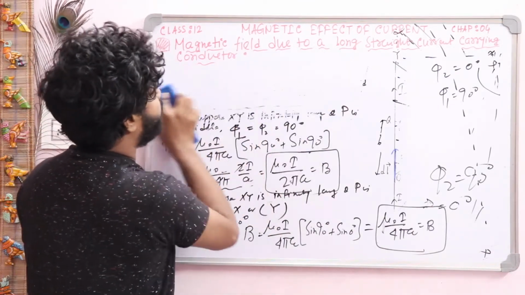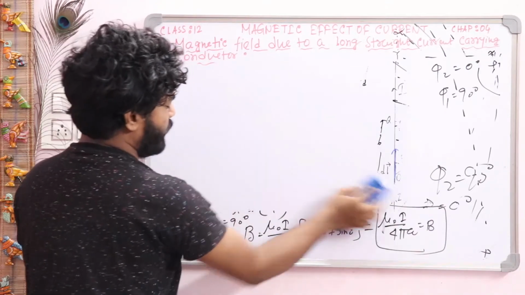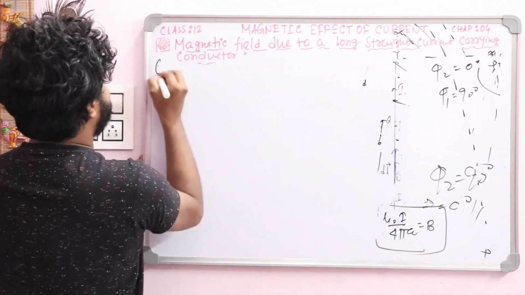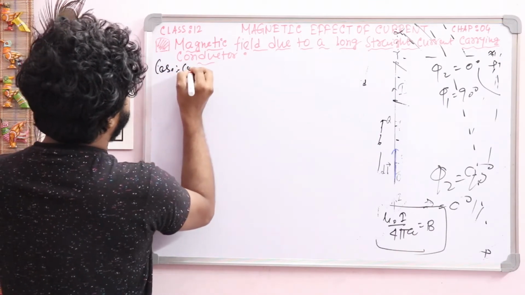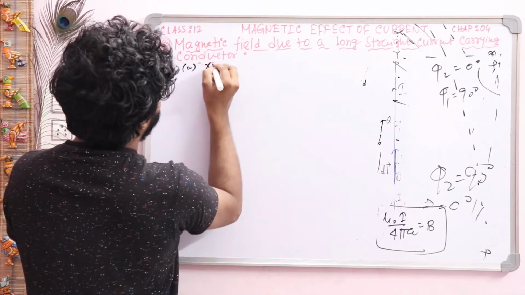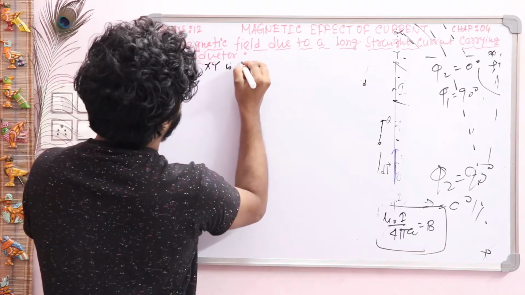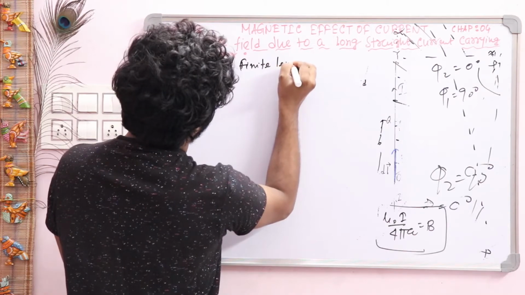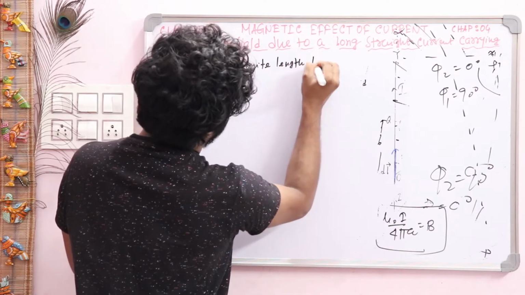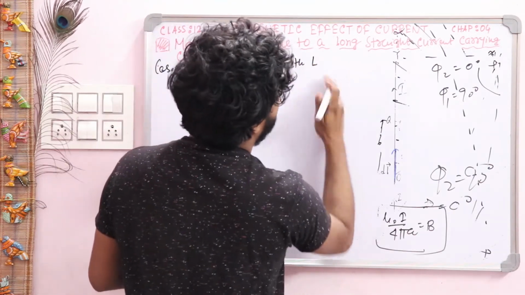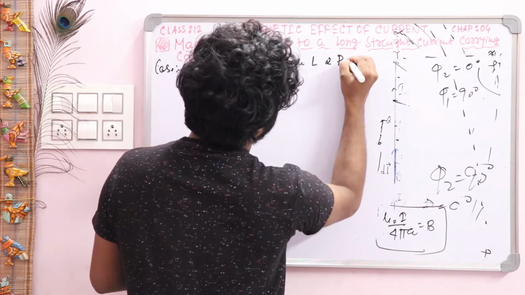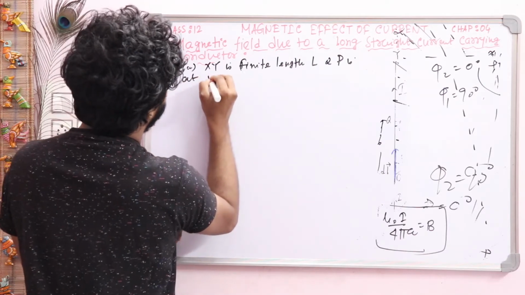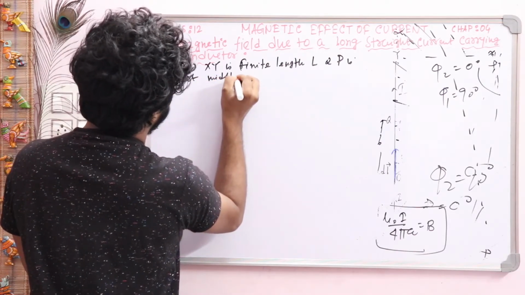For case number 3, you consider a finite length. Case 3: xy is of finite length L, and P lies at the middle.